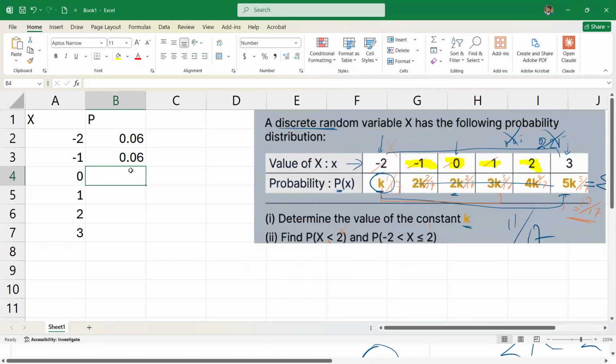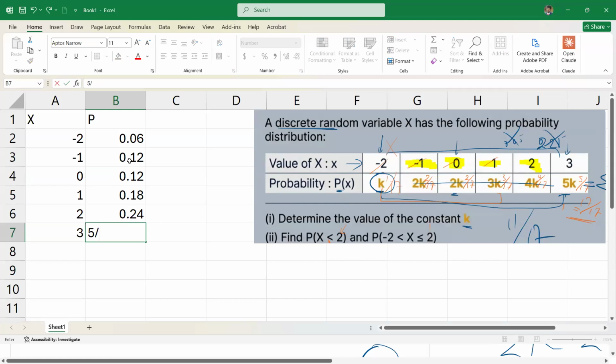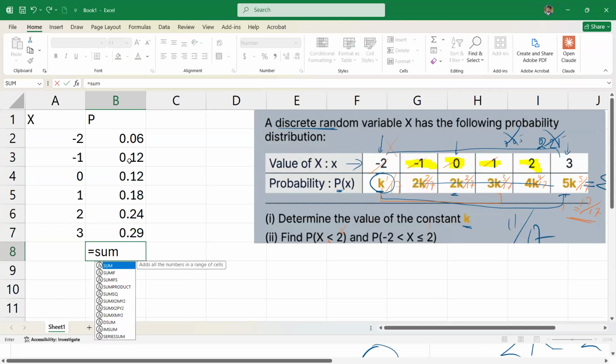Yeah, 0, 2 over 17, sorry, this is 2 over 17, no? 2 over 17, and this also 2 over 17, and this is 3 over 17, and 4 over 17, and 5 over 17. Right, so here it should be equal to 1.